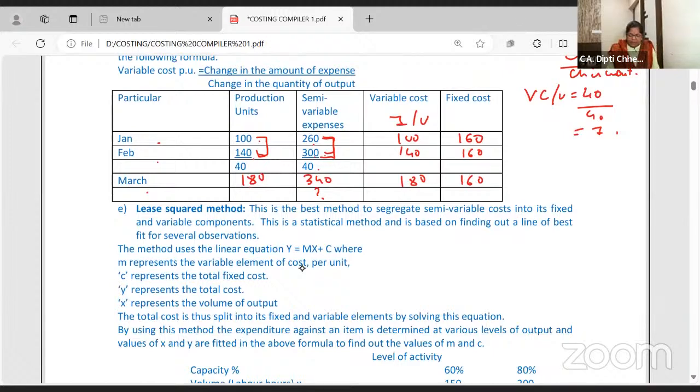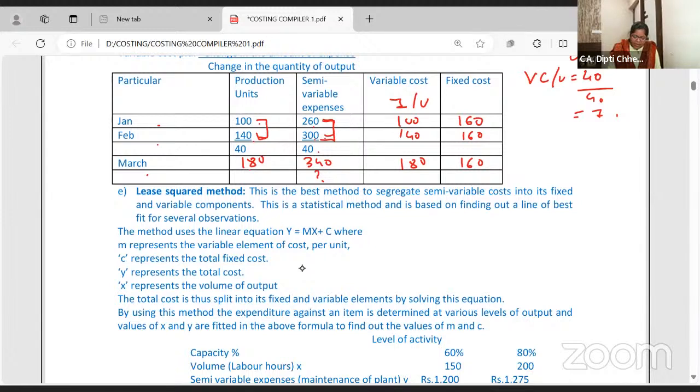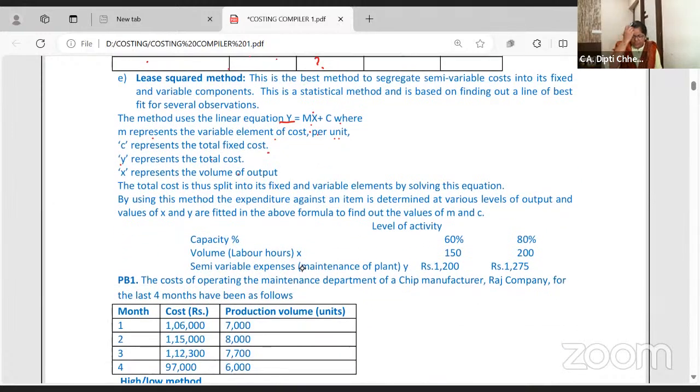There's one more method called the equation method, where y represents your total cost, m represents your variable cost per unit multiplied by output, and c represents your fixed cost. So same thing, you can find it in an equation, substitute and do it.